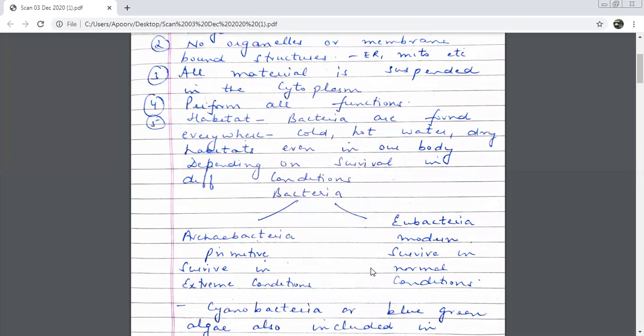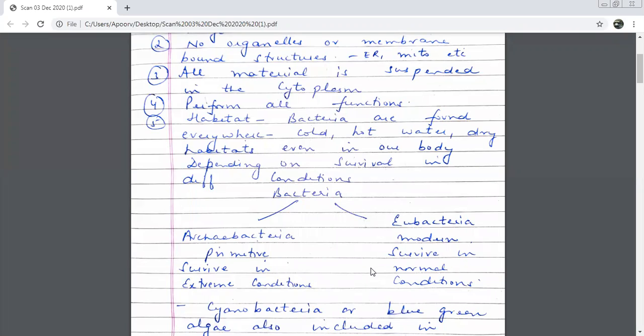So we have done two important members of the Monera family, Archaebacteria and Eubacteria. Now name the third member of Monera. Cyanobacteria, or blue-green algae. Yes, blue-green algae. How are they special? How are they different from other bacteria? They are photosynthetic and they contain a green and a blue pigment. Very good. They are able to photosynthesize.